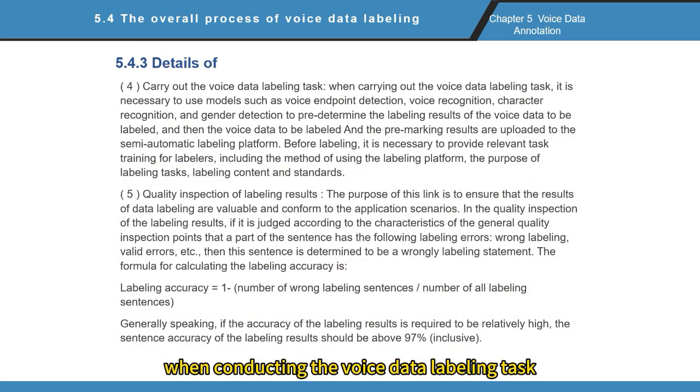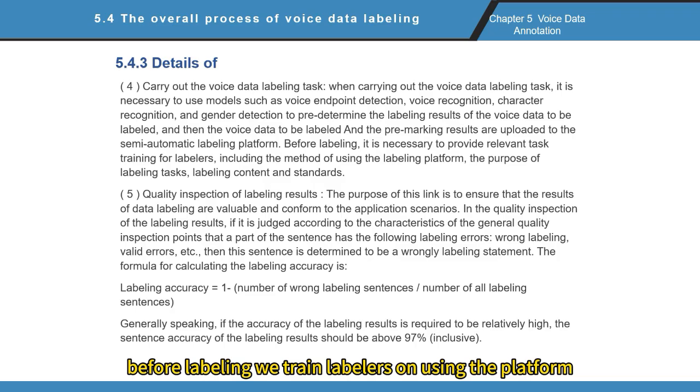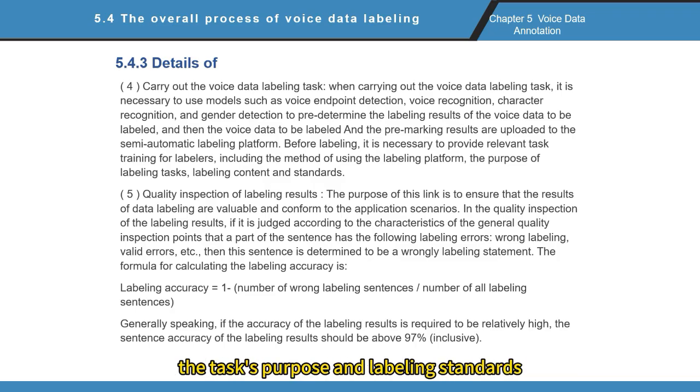When conducting the voice data labeling task, we use models like voice endpoint detection and recognition to pre-determine labeling results, then upload the data and pre-marking results to a semi-automatic platform. Before labeling, we train labelers on using the platform, the task's purpose, and labeling standards. After that, we conduct a quality inspection of the labeling results.